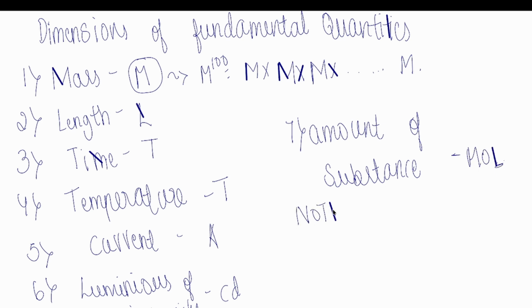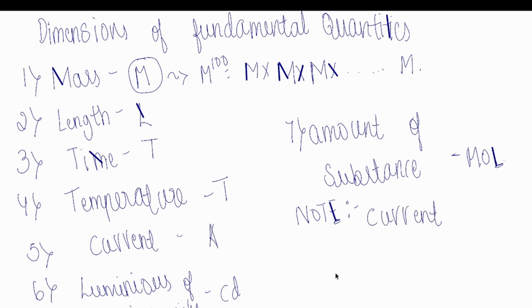We have to note that if we take the dimensions of the 7 basic fundamental quantities, the dimensions are the first letters of the unit we wrote. For example, let me take current.